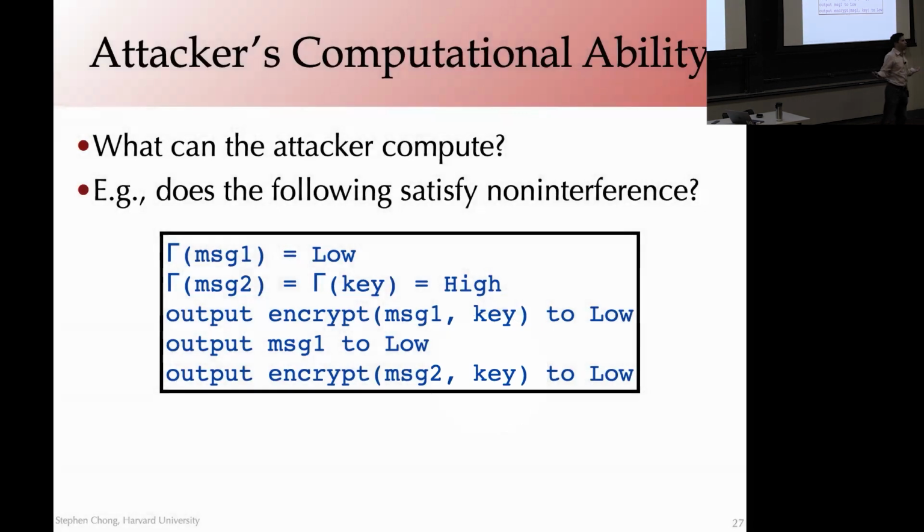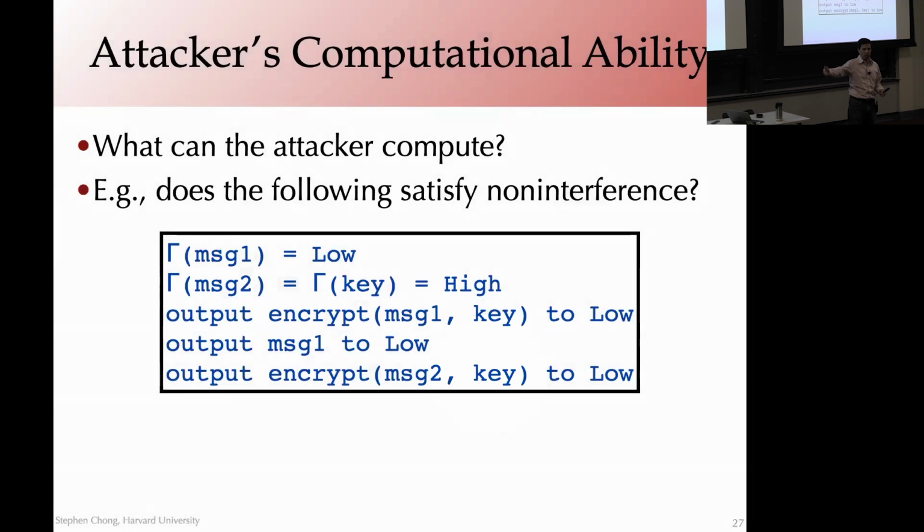So from this information, kind of similar to a chosen plaintext attack, does the attacker know what message 2 is, the secret message, or can they figure out what the key is? And in some ways, with an unlimited amount of computational ability, the attacker could figure that out.